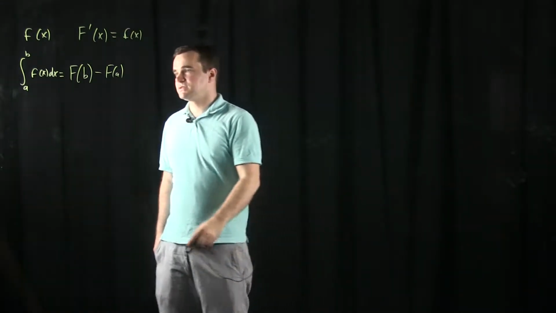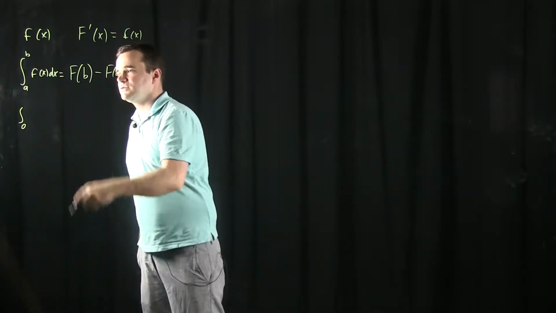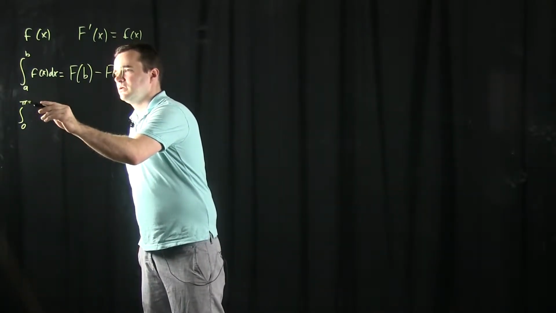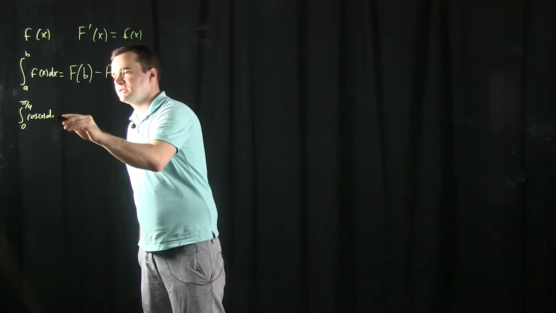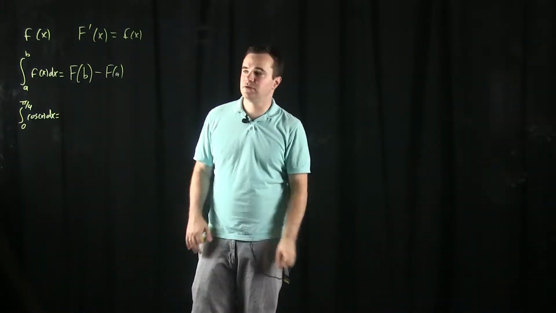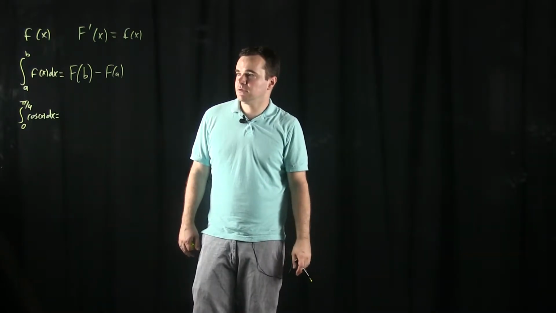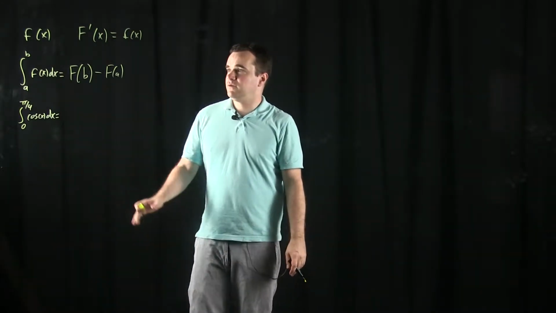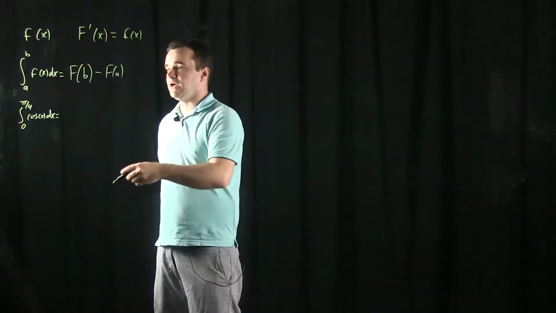For instance, say you wanted to take the integral from 0 to pi over 4 of cosine of x dx. If you just had to use the definition of the integral, the limit of Riemann sums, then good luck. But if you've got the fundamental theorem of calculus, you know an antiderivative of cosine is going to be sine.